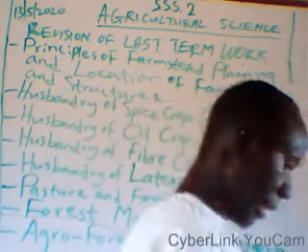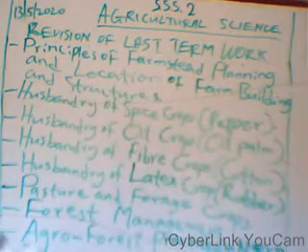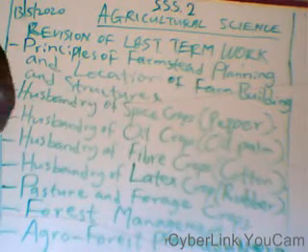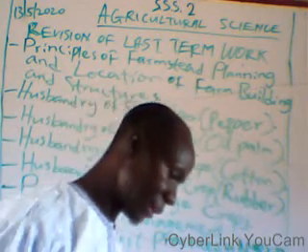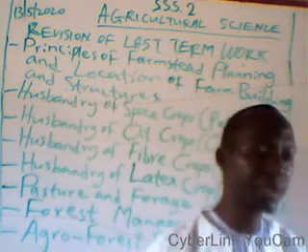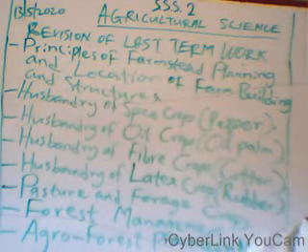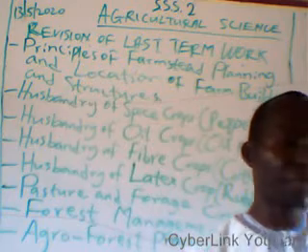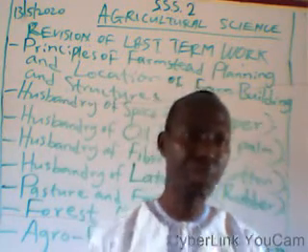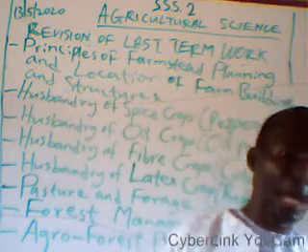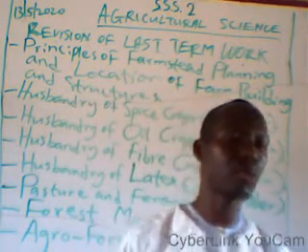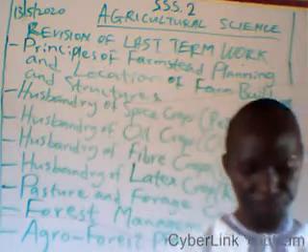The last topic here is agroforestry practices in Nigeria. What is agroforestry? Agroforestry is a land use management that ensures planting of food crops and rearing of animals alongside the growing of tree crops.